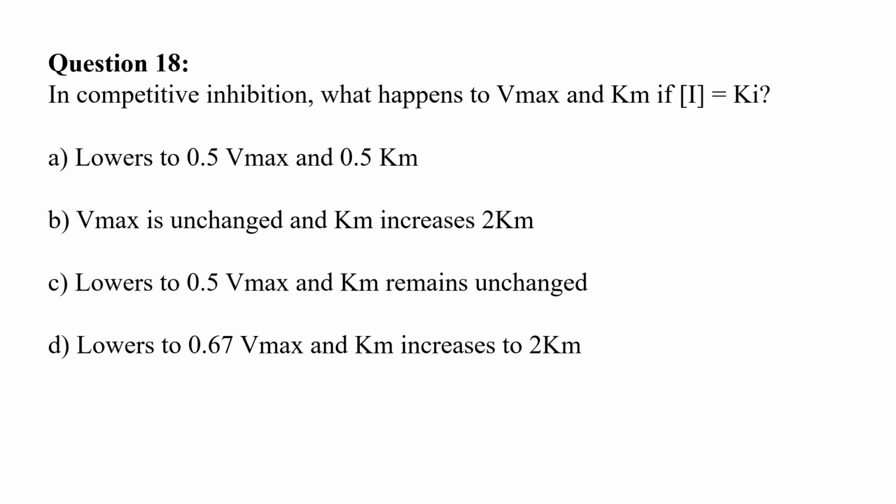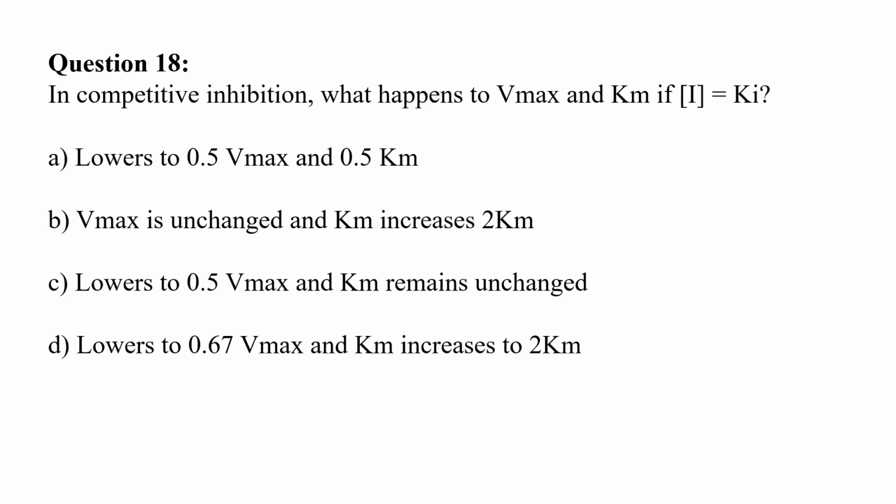Okay. So, question number 18. In a competitive inhibition, what happens to Vmax and Km if the concentration of I is equal to Ki? So this is the last question. What will happen to the Vmax and Km?